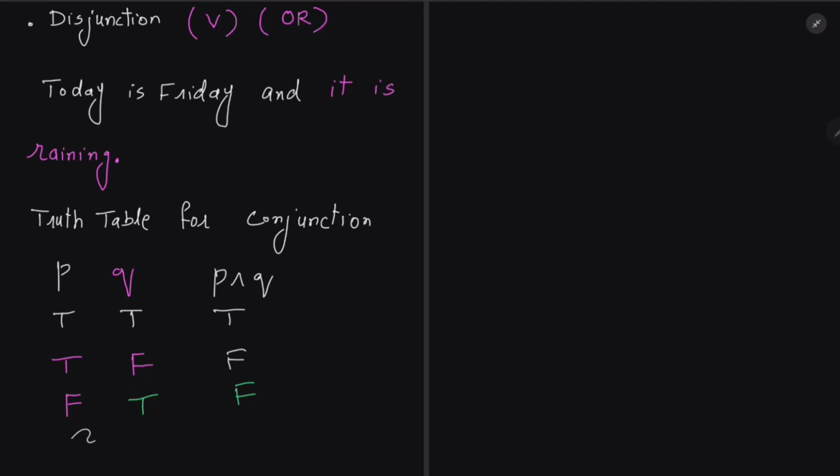Suppose it is not Friday and it is not raining. If these two statements are false, then the resultant statement is also false. So this is the truth table for the conjunction.